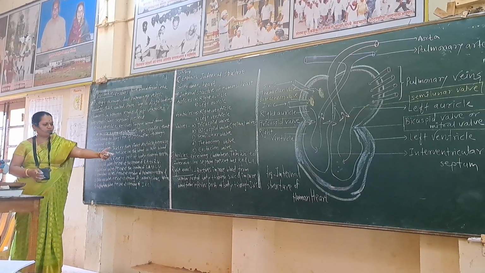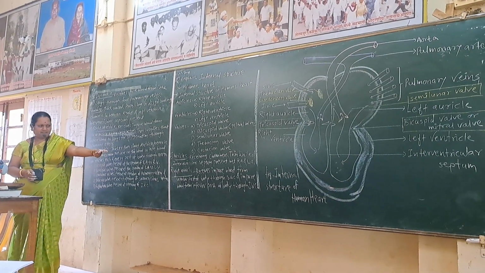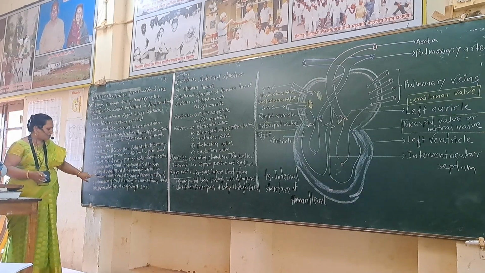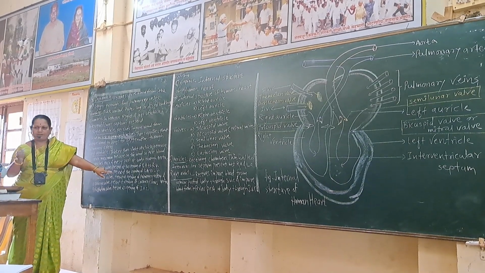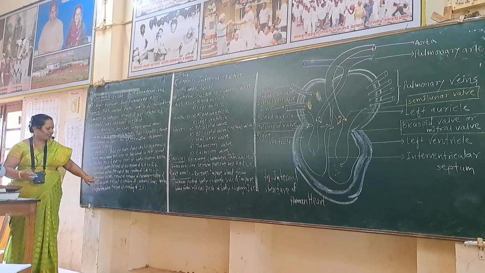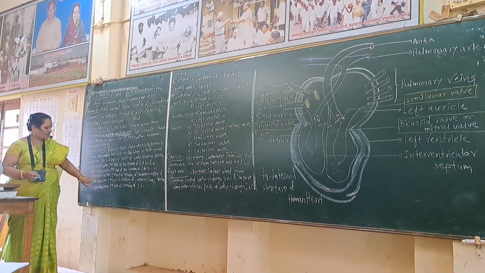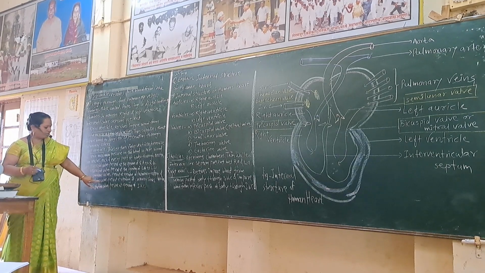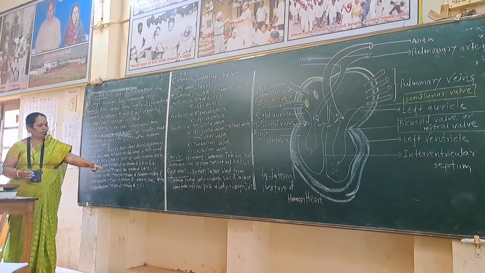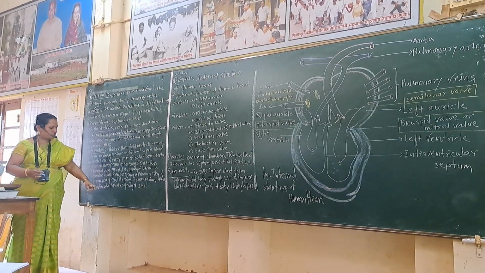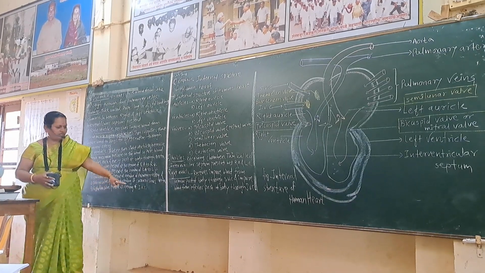Tricuspid valve present at the opening of right auricle and right ventricle. Bicuspid valve present at the opening of left auricle and left ventricle. Semilunar valve present at the opening of pulmonary artery and aorta. Thebesian valve present at the opening of coronary sinus, and Eustachian valve present at the opening of inferior vena cava.